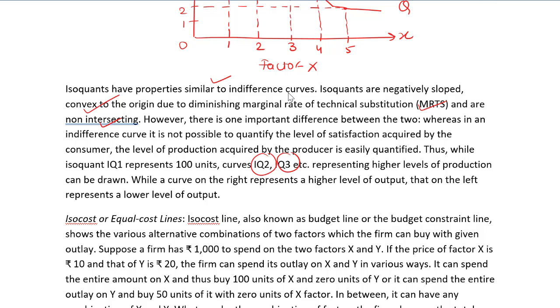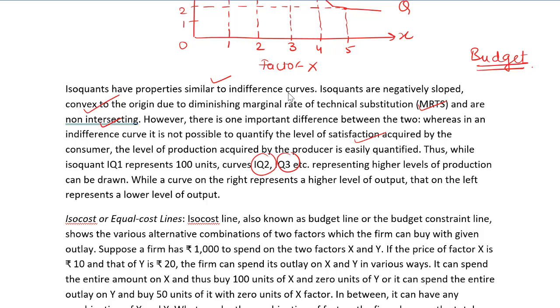Which one is better? IQ3 is better, but we also need to understand what our budget is. According to our budget, the higher the IQ, the better, but we should also take our budget into consideration. Let's continue. However, there is one important difference between the two. In an indifference curve, it is not possible to quantify the level of satisfaction acquired by the consumer.